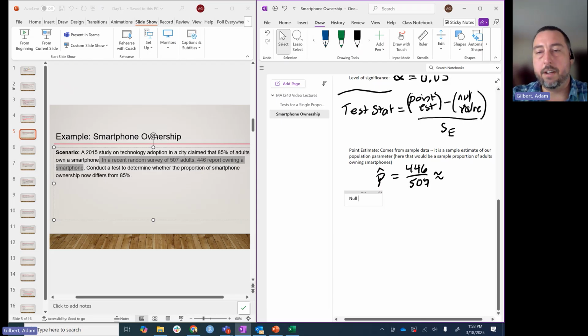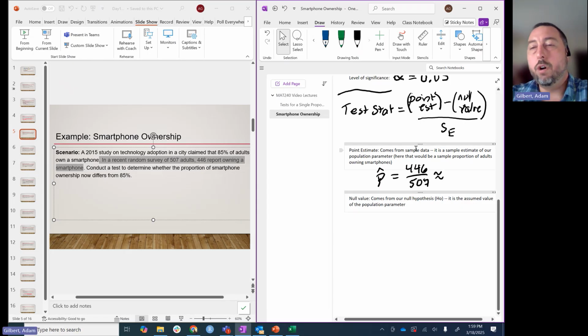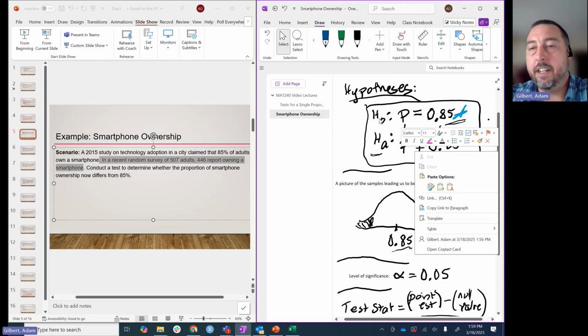So the null value comes from our null hypothesis. That's the one that we've labeled H0. It is the assumed value of the population parameter. If we go back to our hypotheses, here's the null hypothesis.